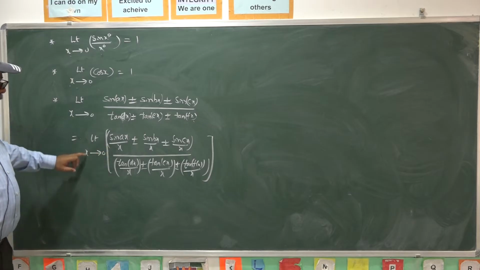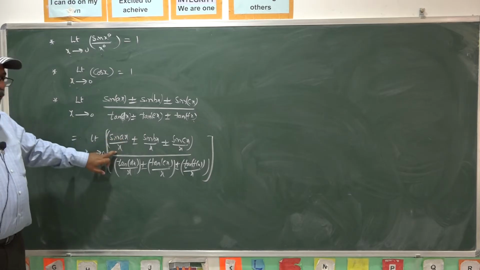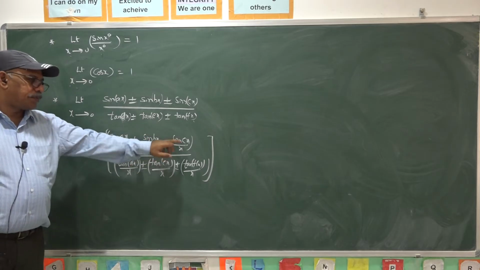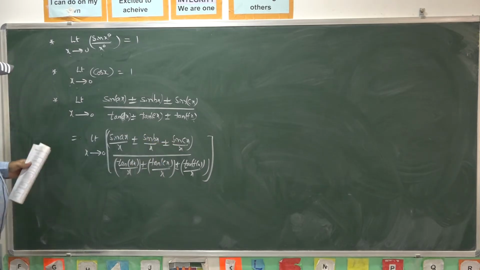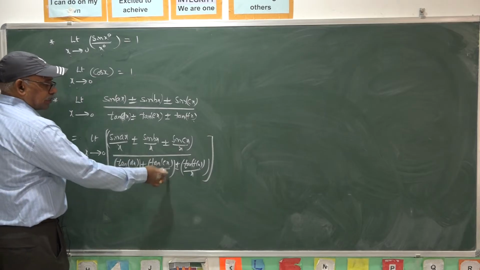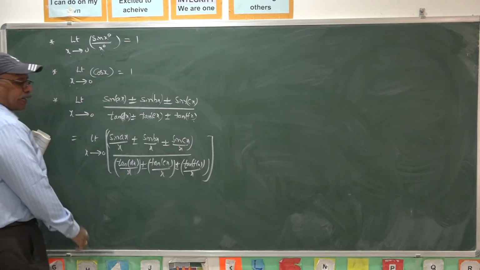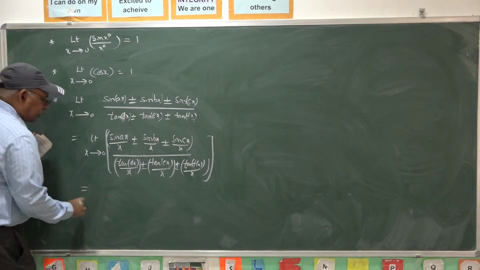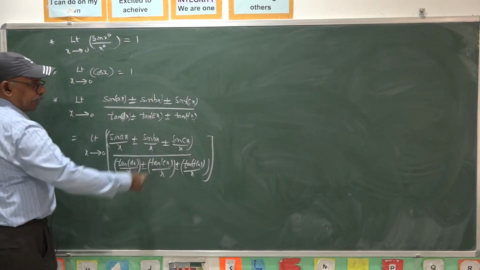So, limit as x goes to 0 of sin ax by x plus or minus sin bx by x plus or minus sin cx by x, by tan dx by x plus or minus tan ex by x plus or minus tan fx by x, where x is measured in radians. Now apply the limit term by term.